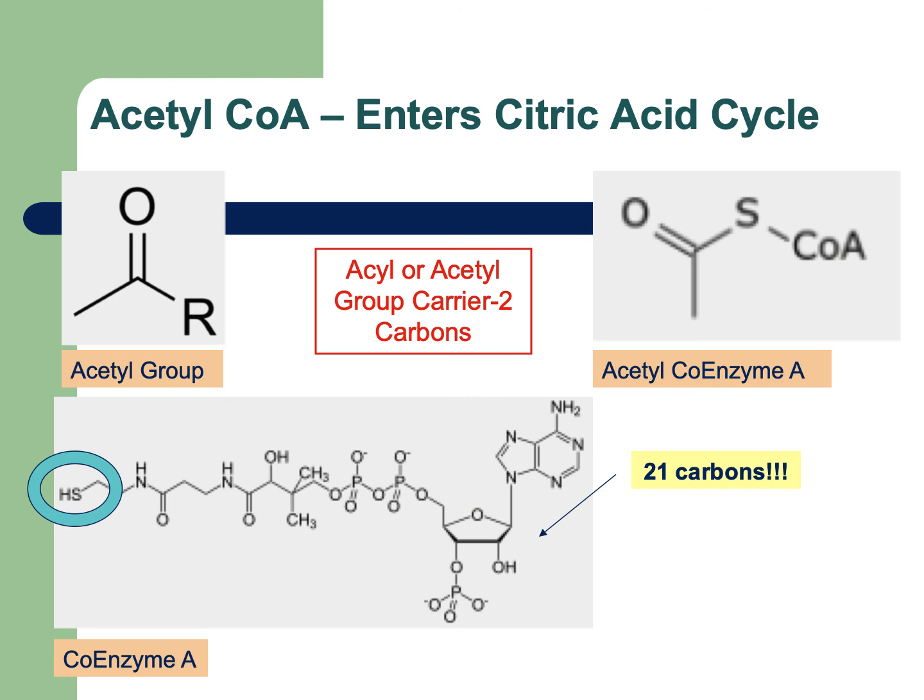The answer is we have 2 from the acetyl group combining with the 21 carbons from the coenzyme A, so 21 plus 2 makes 23 carbons. So acetyl-CoA that enters the citric acid cycle has a total of 23 carbons. Next, we're going to start digging into the citric acid cycle and looking at all the biochemical reactions involved in it.